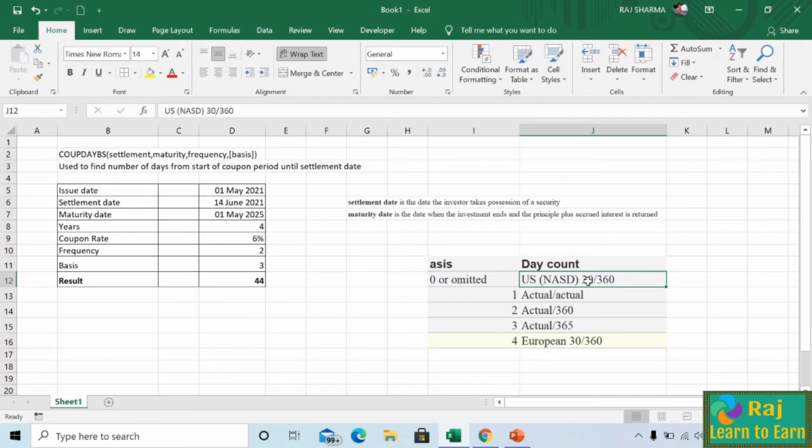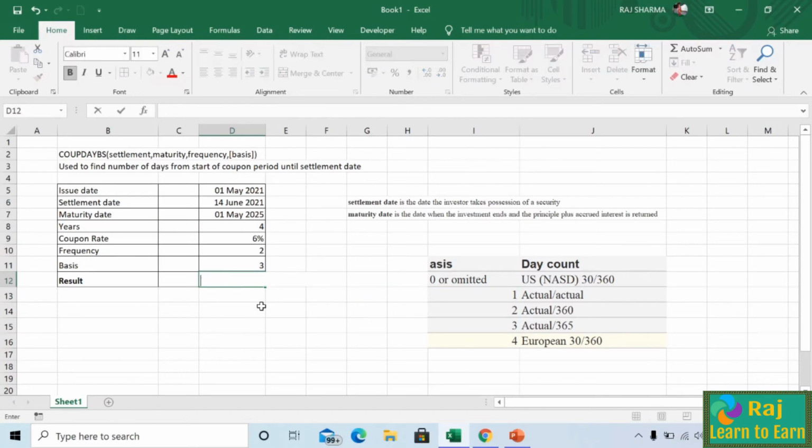So even though some months have 29 days, some have 30 days, some have 31 days, in bond calculation, if it is a US convention, then we take 30 by 360 as a basis. Similarly, in India, we can also take actual by 365. So these are the numbers which we need to put into the formula for the respective basis. Now let us try to put the formula here.